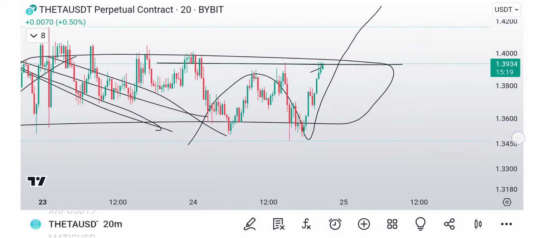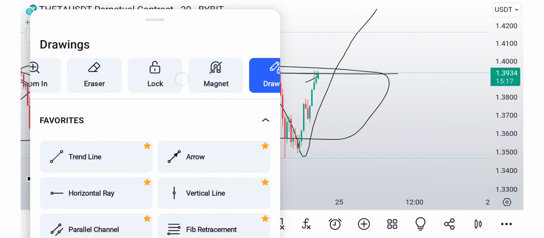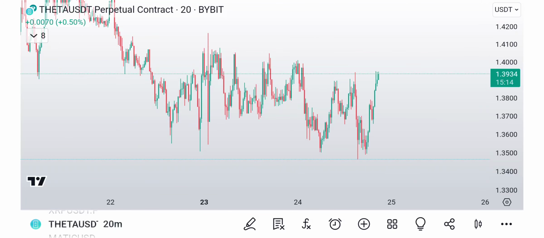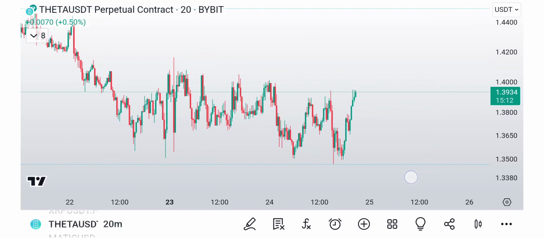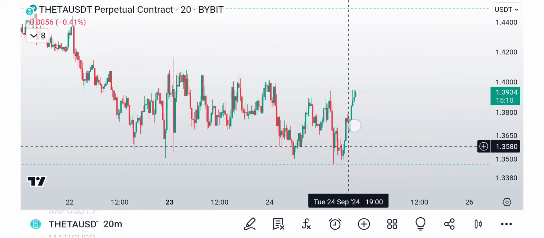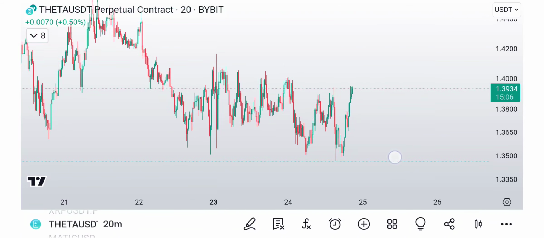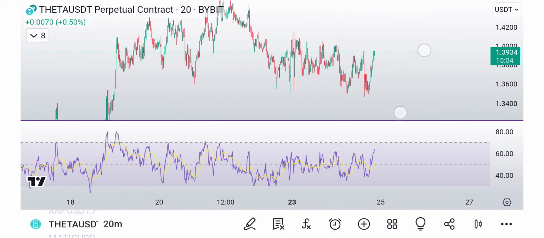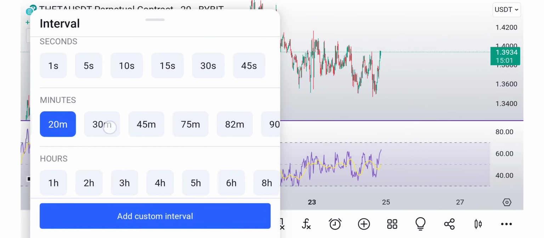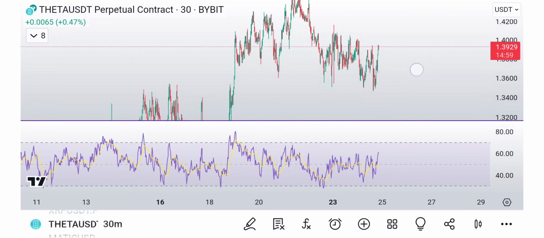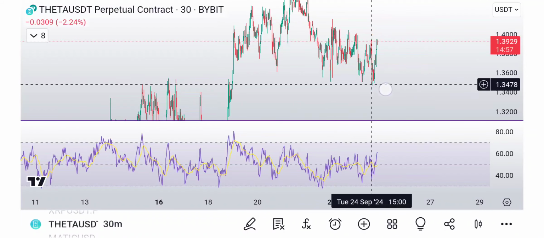But right now, looking at the 20-minute chart, this morning, the last couple hours, we've managed to get back to the top here. So let me see. We got some bullish divergence on the 30-minute chart here.